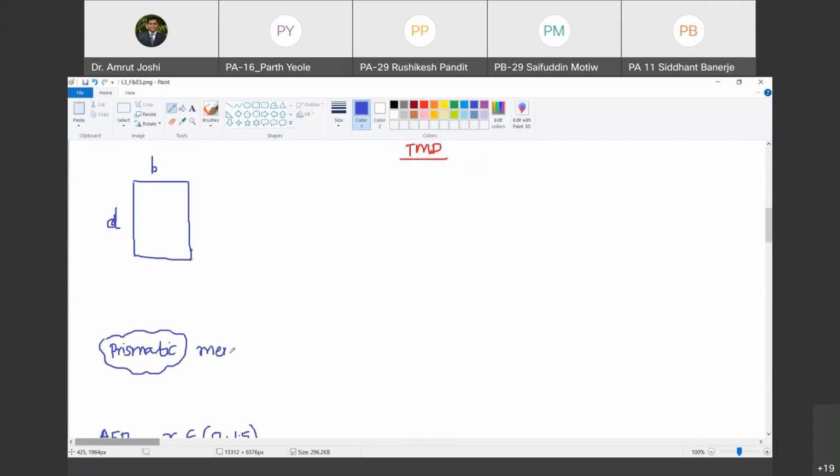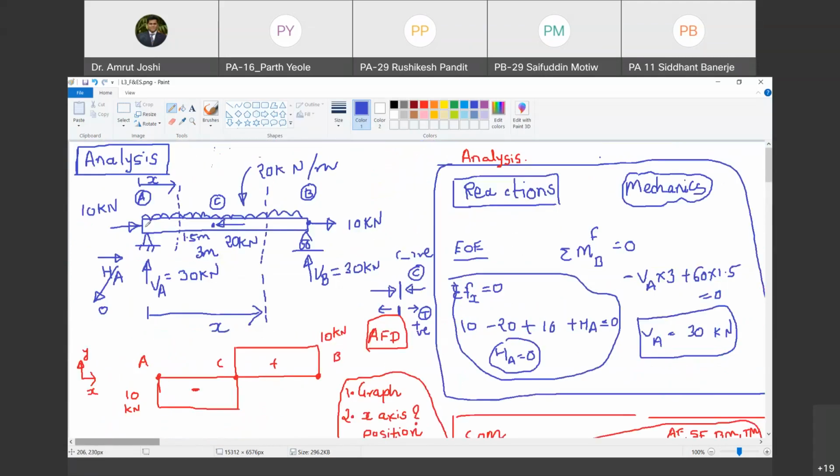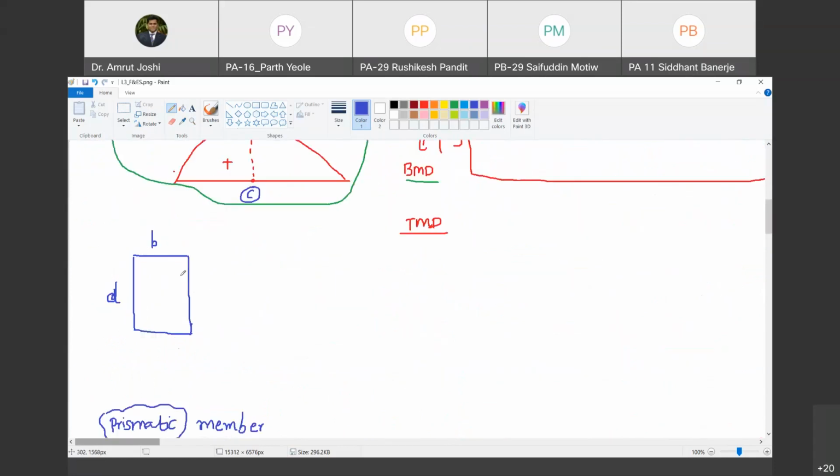So whenever I call the member as prismatic, तो उसका मतलब ये नहीं होता कि वो प्रिज्म शेप का है. It has nothing to do with the prism. When I say the member is prismatic, that means it is uniformly spread, so all along its length, not only the shape but also the size of cross-sectional dimensions remain unaltered. Are you with me? Yes, sir. It doesn't have taper, and it doesn't even have the change in shape.